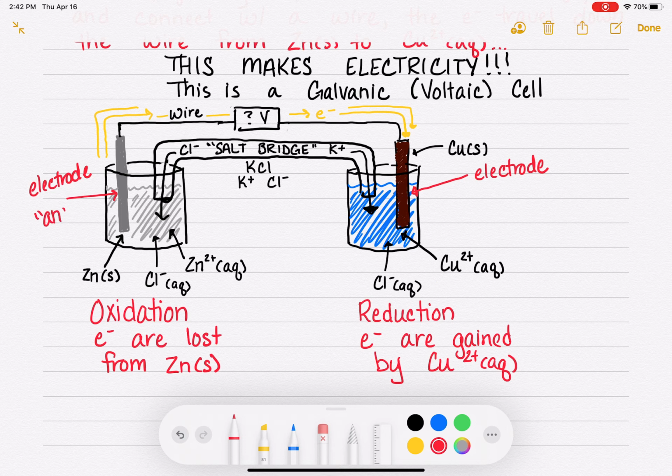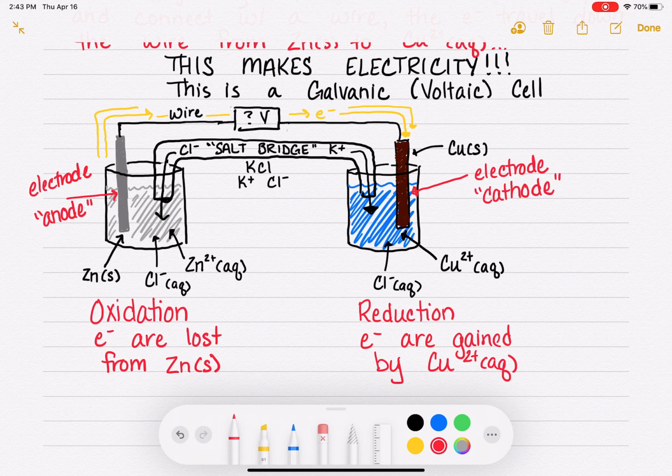You may have heard the term anode before, and that's what it means. The anode is the electrode in the oxidation half of the redox reaction. And on the other side, the electrode is called the cathode, which is also a word that you may have heard before. Cathode is the electrode in the reduction half reaction.